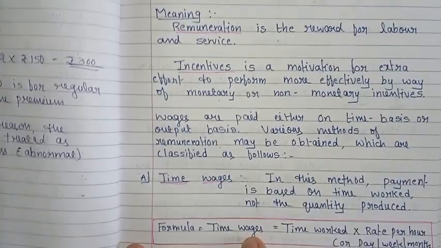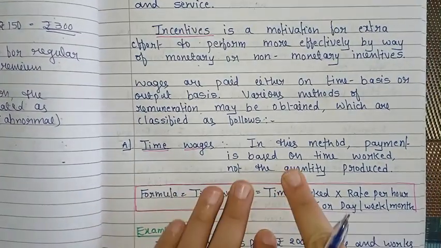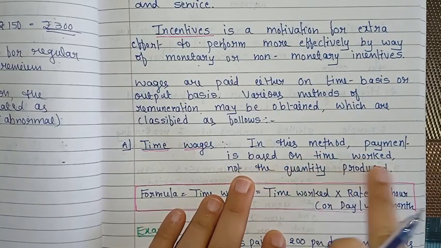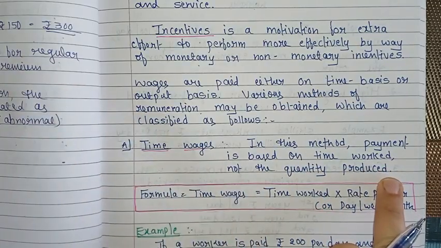So let's see. The first one is time wages. In this method, payment is based on time worked, not the quantity produced. Listen very carefully.